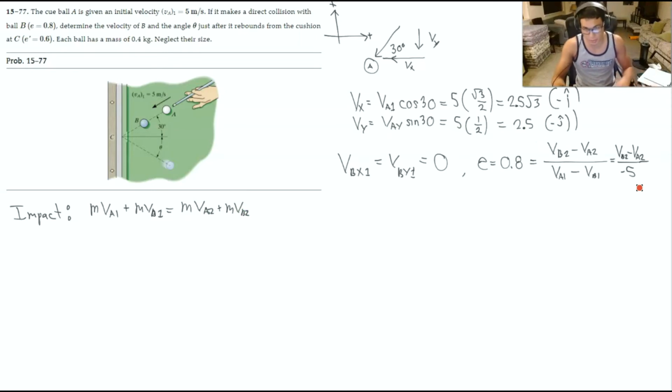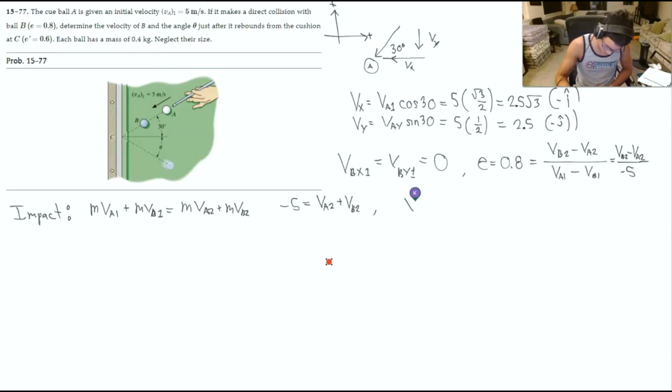And for us, we're lucky all of our masses are the same. So all we have to worry about is VA1 and VB1, which we know to be 0, and this is -5. We get -5 is equal to, and like I said, all the masses can cancel out because all the masses are the same. It says it right here. So we get -5 is equal to VA2 plus VB2. So we have 2 unknowns, but we have 2 equations to solve. I like to do it this way.